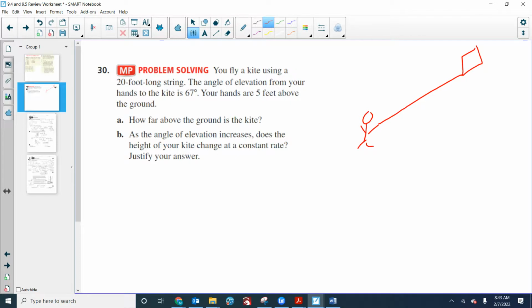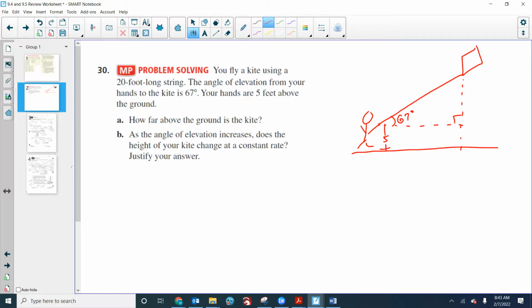The angle of elevation from your hands to the kite is 67 degrees. Your hands are 5 feet above the ground. Here's the ground. How far above the ground is the kite?